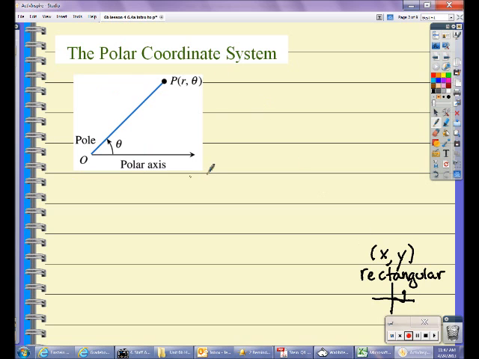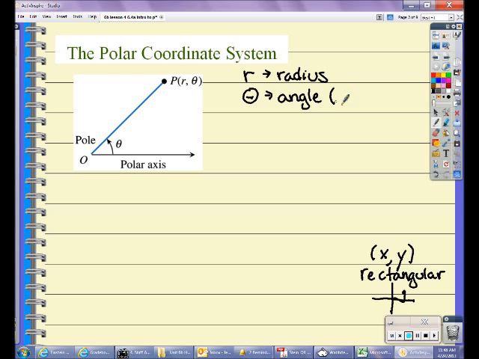In the polar coordinate system, instead of x and y, you have r, which is your radius, and theta, which is going to be your angle.